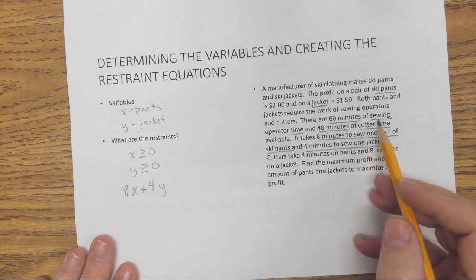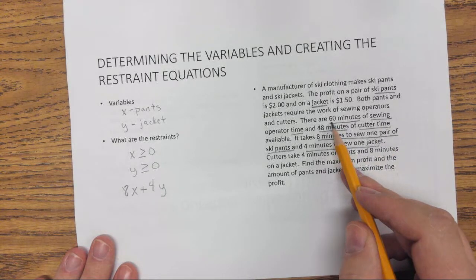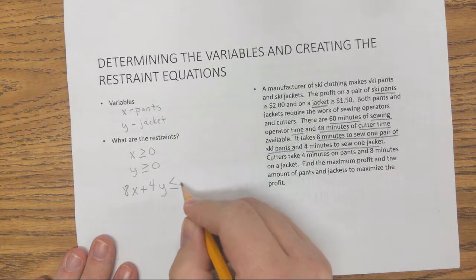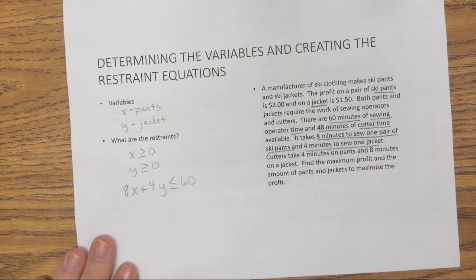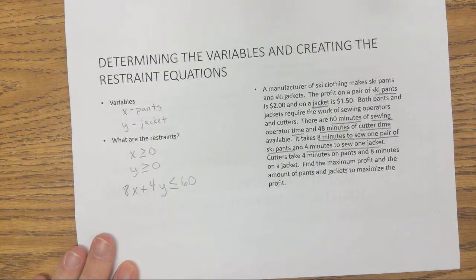Well, I know that the maximum sewing time I can have is 60 minutes, so that means this equation has to be less than or equal to 60 minutes. Okay. That is the restraint that I'm going to set up for my time as it relates to the pants and the jacket.